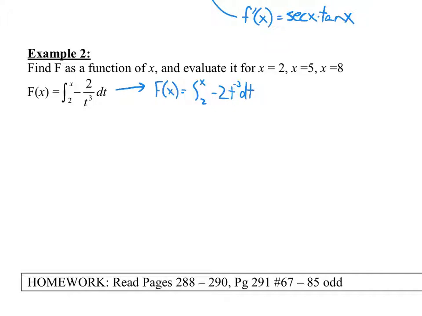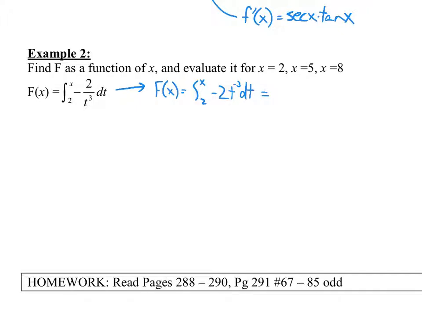And what's the integral of negative 2t to the negative third? It's going to be negative 2t to the negative 2 over negative 2.